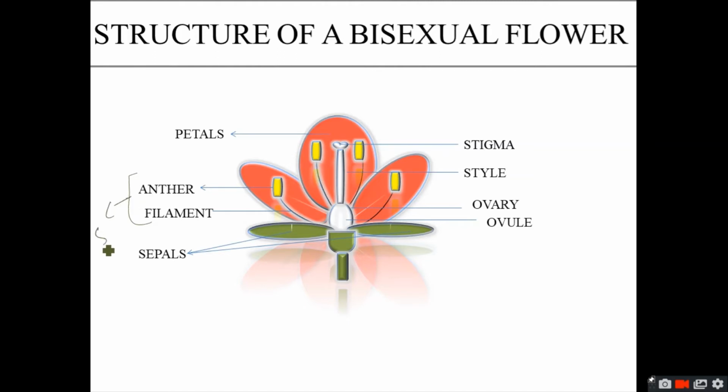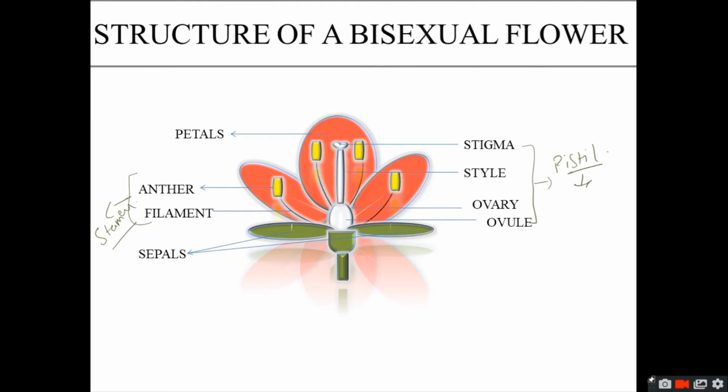So anther and filament are combinedly known as stamen, and stigma, style, ovary and ovule are combinedly known as pistil. So pistils are basically the female reproductive part of a flowering plant. Stamen is the male reproductive part of a flowering plant.